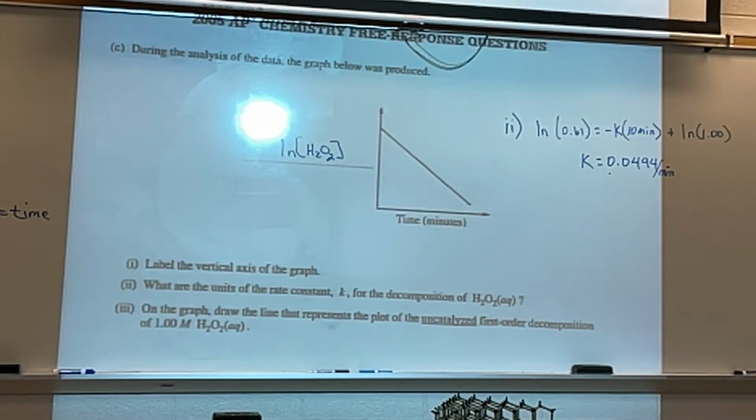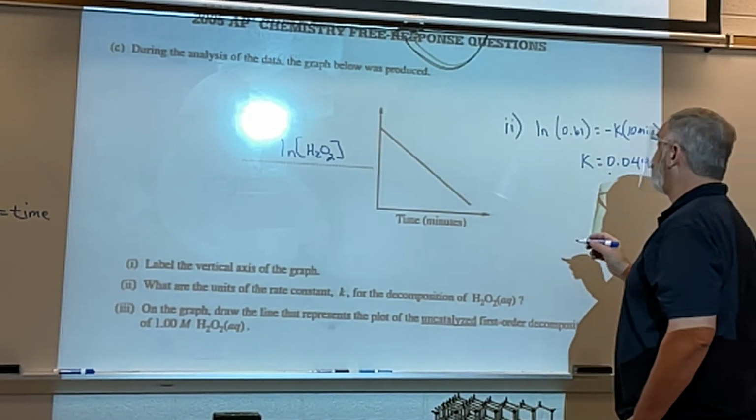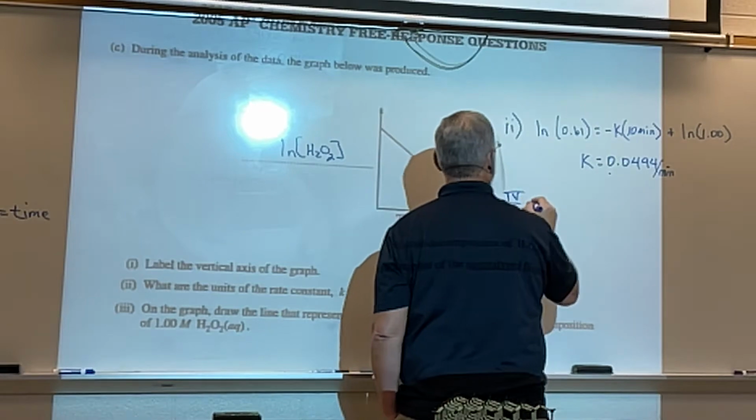So when you have time, you have to use the integrated rate law to find the value of K, to find the concentration at any given time. So let's just say I'm going to add in a 4. Okay?